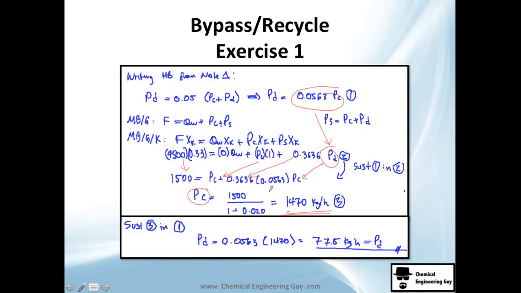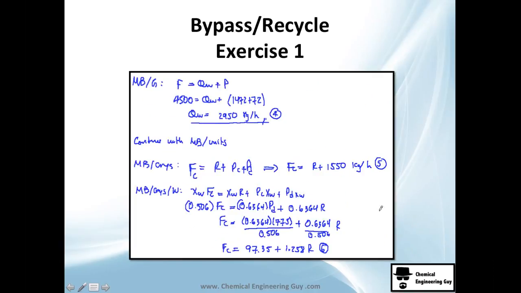We are going to substitute 3 in number 1, which is the simple one, is this one. So substitute this, and you will get now the value of PD. Nice. Now, we need to find water, and it is actually easy. We now know P. P is the product, the general thing that is going out is the solution plus a solid.